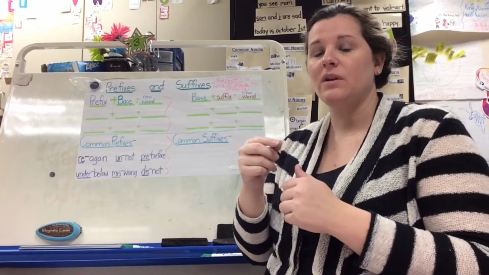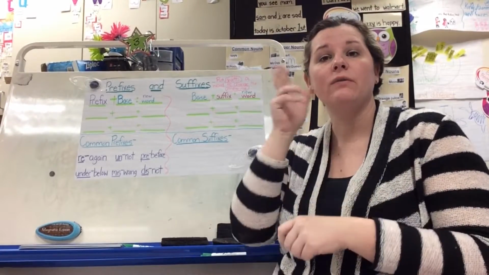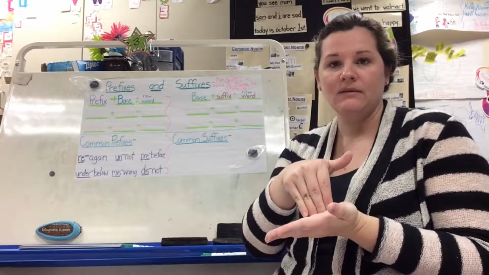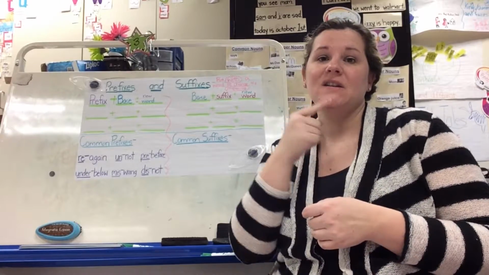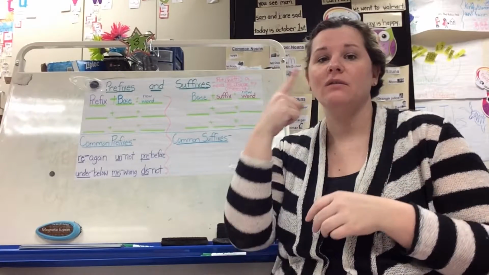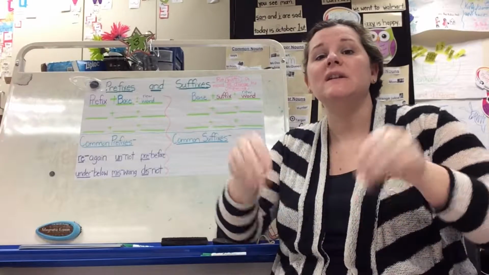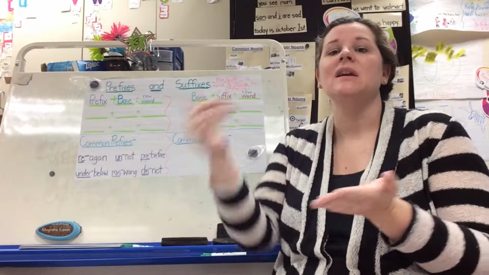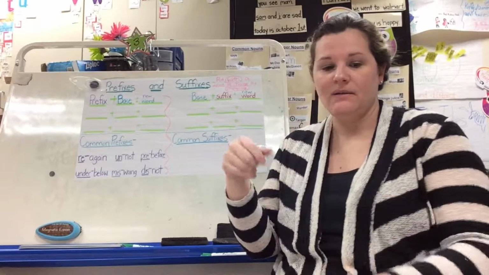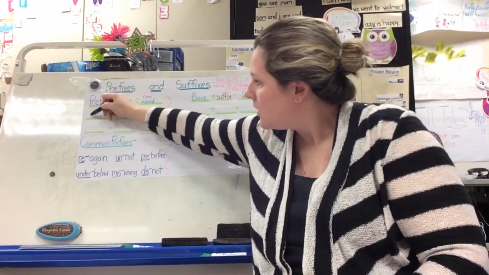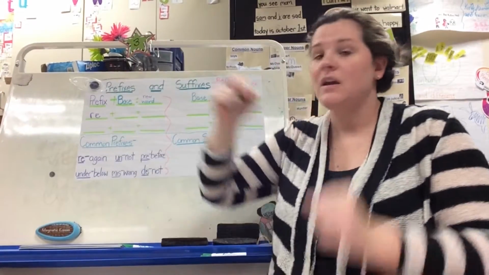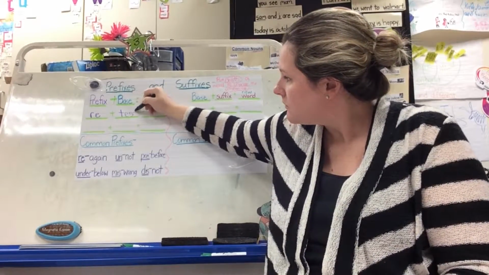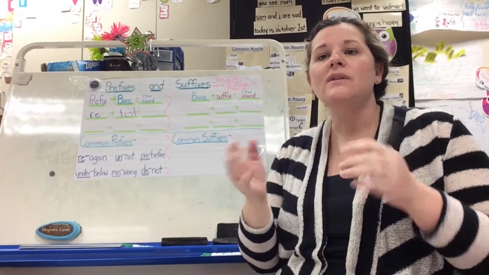So one of the first ones that's very important, that's very common, that you've heard before, is re. Re means again. Like if Reardon says that you need to retest for your spelling test, that means you need to take it again. Okay? Re means again. So if I say retest, what was my base word?